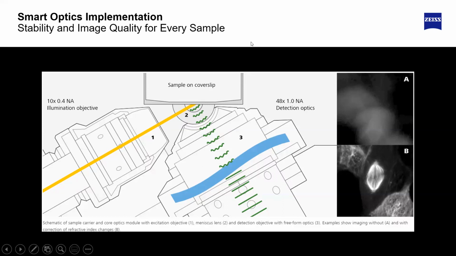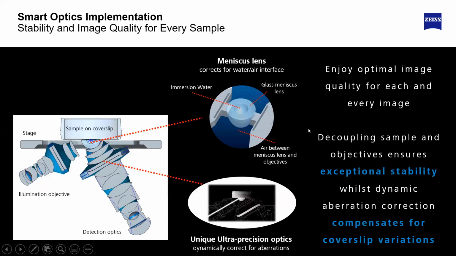But just briefly, I do want to talk about one or two more of the really impressive innovations that went into designing the core optics of this system with the goal of stability and image quality that allow us to compensate for refractive index changes with your sample and give us the best image quality possible. So the first one is the meniscus lens. This is in place to correct for the air-water interface that we see here.